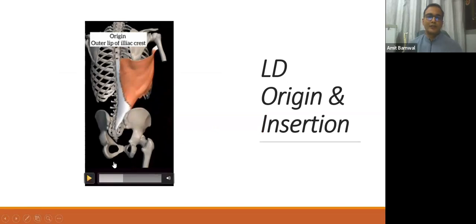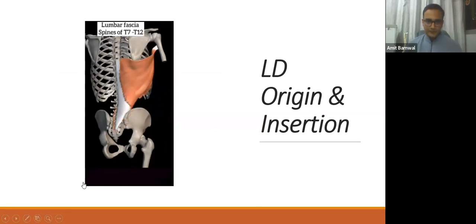It originates from the outer lip of the iliac crest, as we see there. It also has attachments from the lumbar to the sacral region and from the T7 to T12 spine, from the mid thoracic to the sacral region.